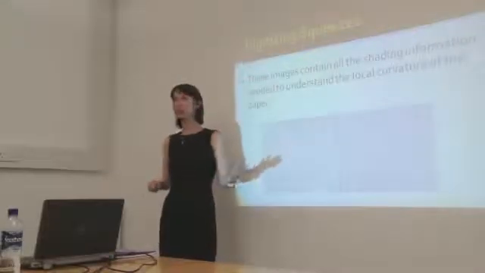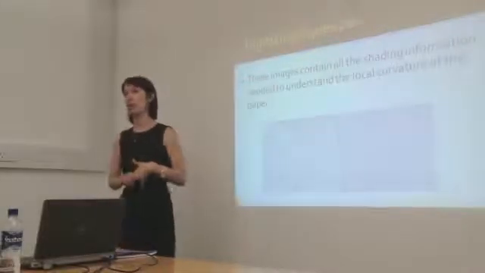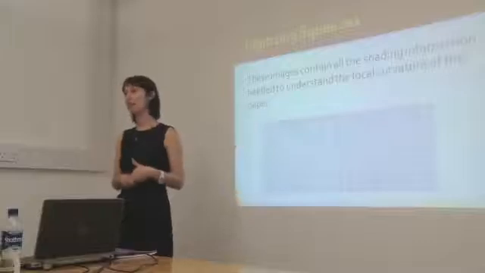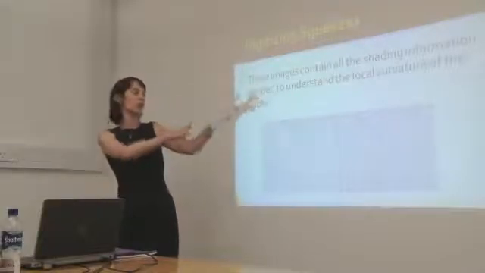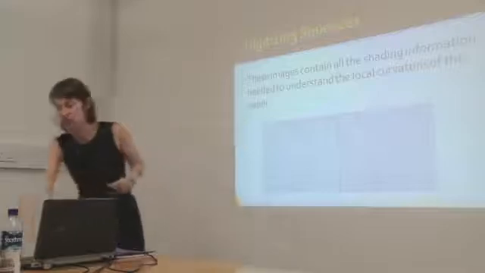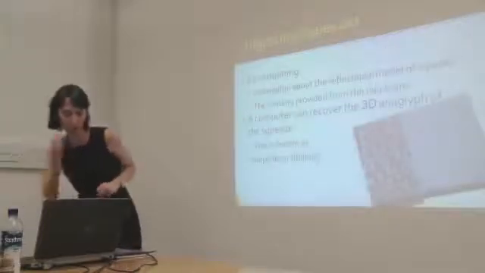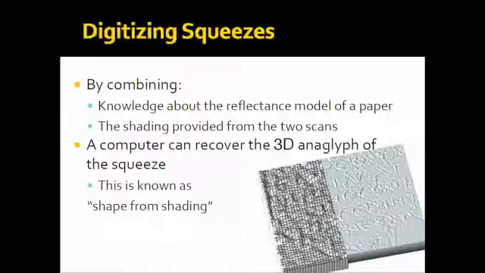As I told you before, since all the material properties of the paper have been studied, it's very easy to reproduce the 3D model with only these two pictures. The technique is known as shape from shading. And that's about it. You scan your squeeze twice, and you get a 3D model.